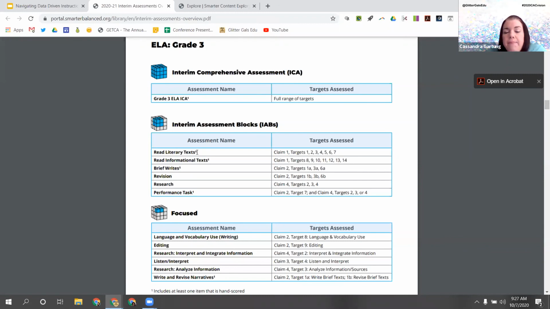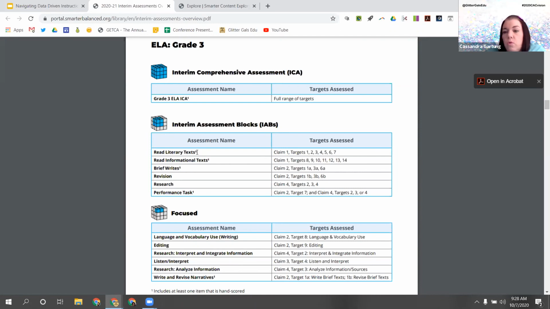I started with one in our district that I felt we really needed to concentrate on, which was the listen and interpret IAB. It's actually a focused IAB. We decided on that because that is one of the lowest scores that we get on the state test.